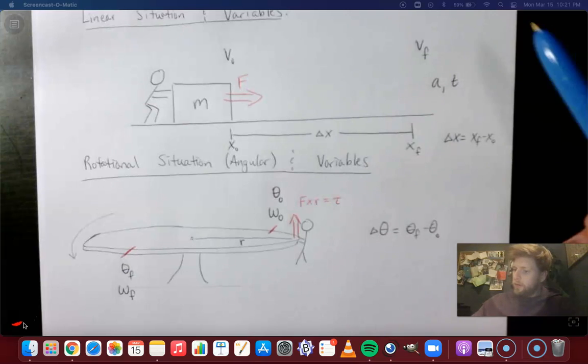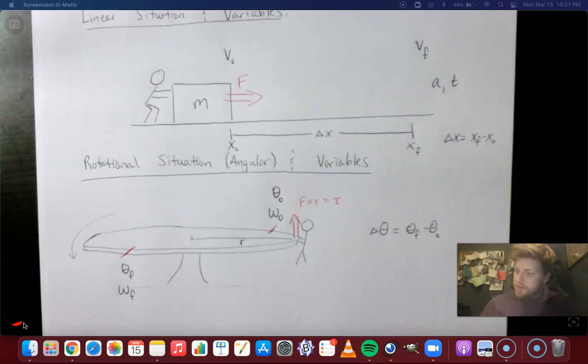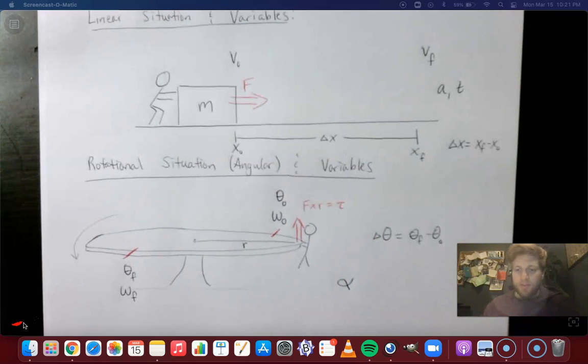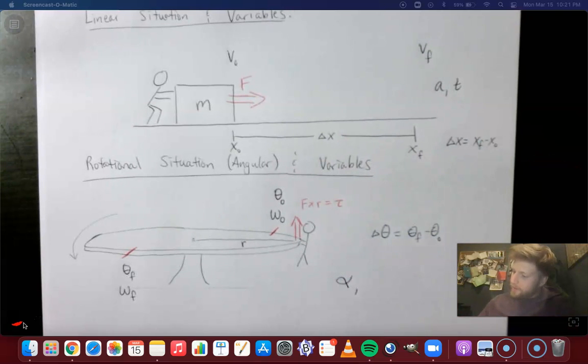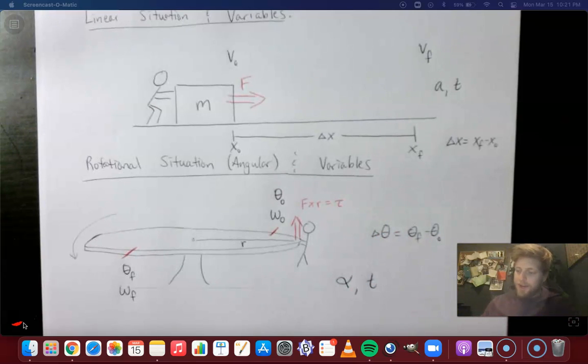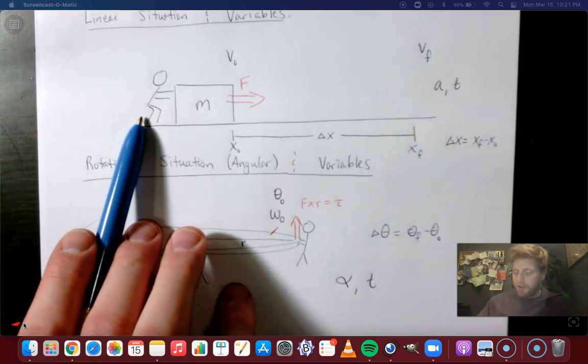The other variables that we're missing are the acceleration. We tend to use this funny little symbol here, alpha, or fishy, sometimes you might hear it called. And then one of the only variables that's going to stay the same is t for time. I misspoke, I've left out one more variable. Here we're pushing in a straight line.